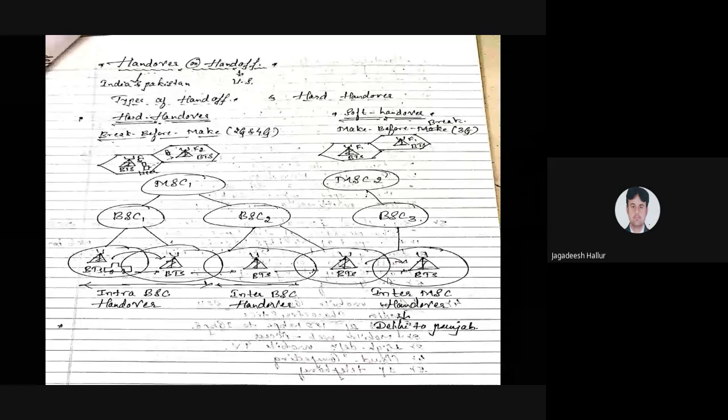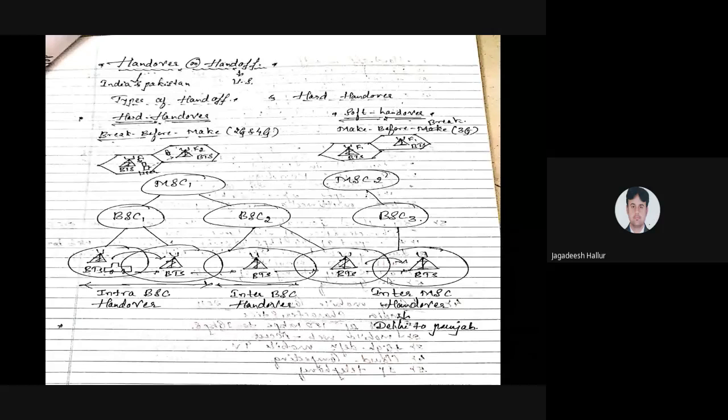Whenever you are in a communication, you connect first and then break the old one. That is how soft handoff works. Hard handoff is break before make. Soft handoff is make before break.